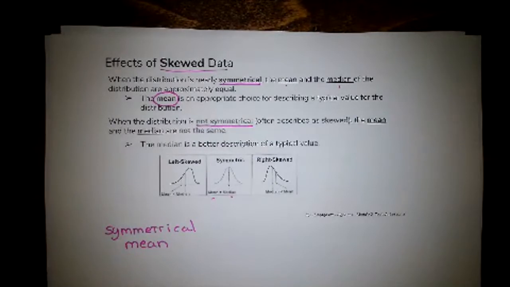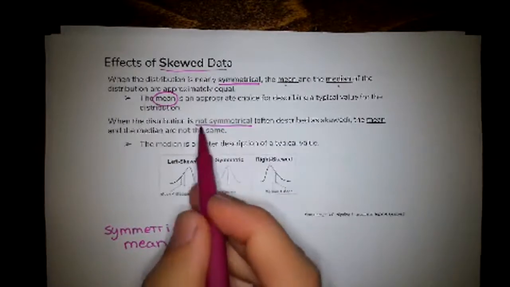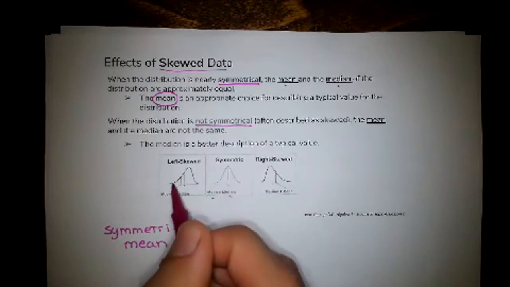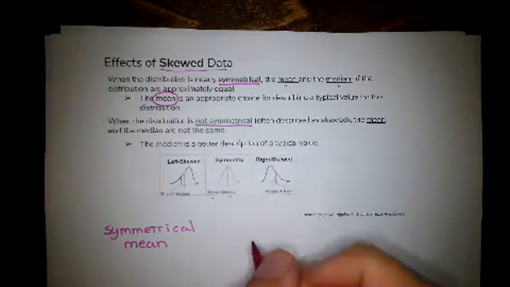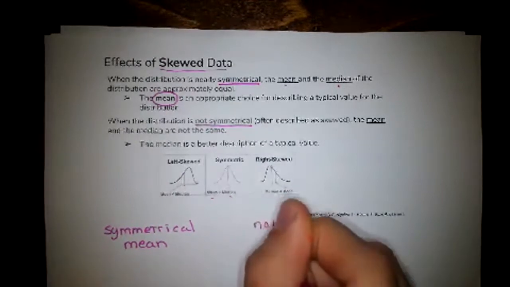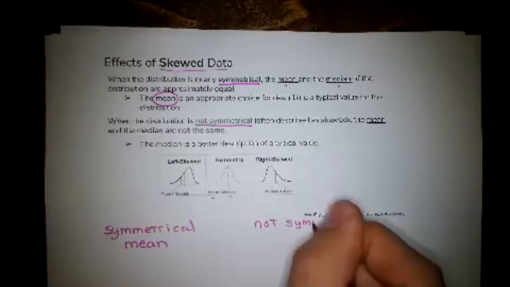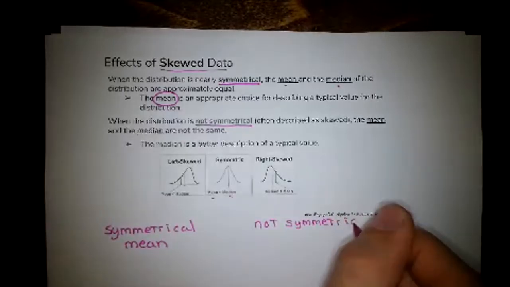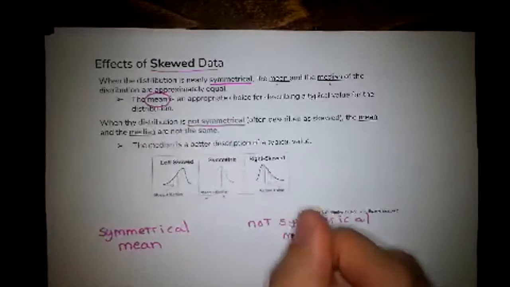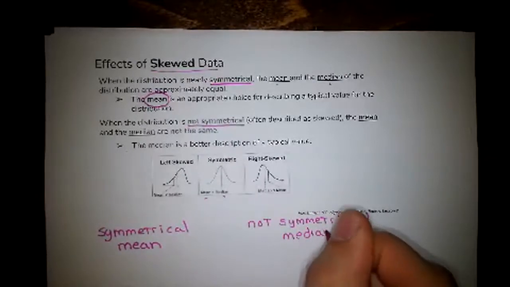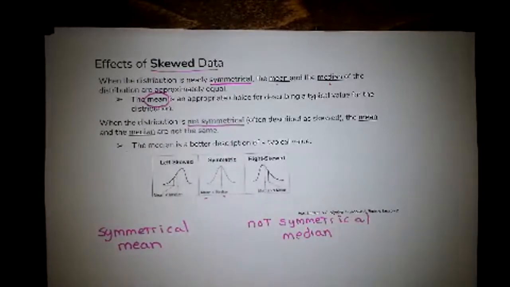Now, the opposite is also true. Something that is not symmetrical is skewed, whether it be left or right. So if it's not symmetrical, we're actually going to use the median. The median will describe the data a little bit better.